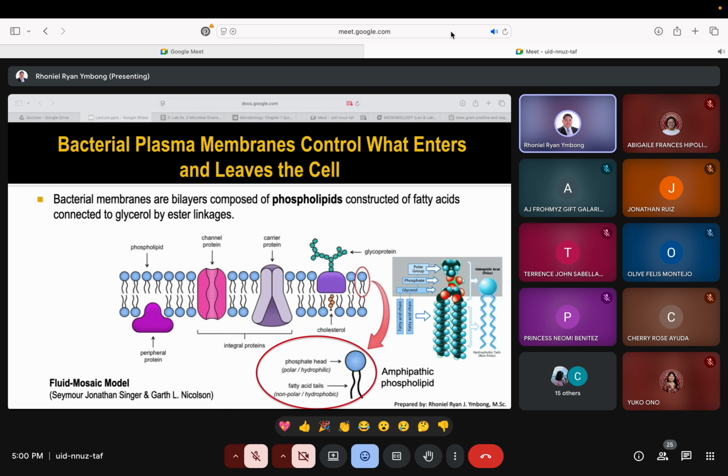Your glycerol is made up of two fatty acid chains, and this means the tail end of your phospholipid is hydrophobic because you have fatty acids. These are lipids, so you cannot mix water with oil, or lipids in this case.